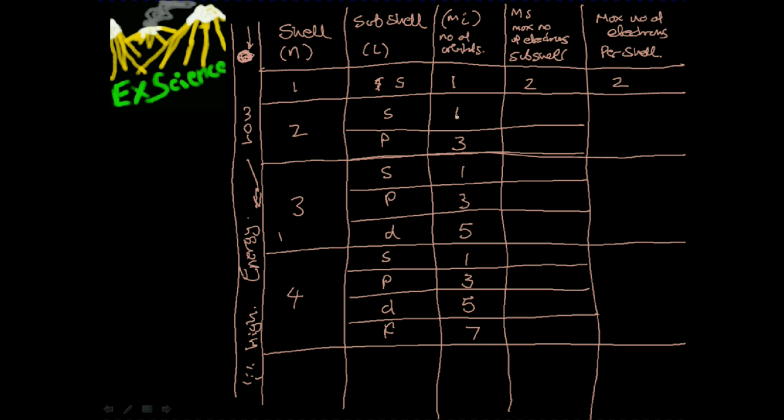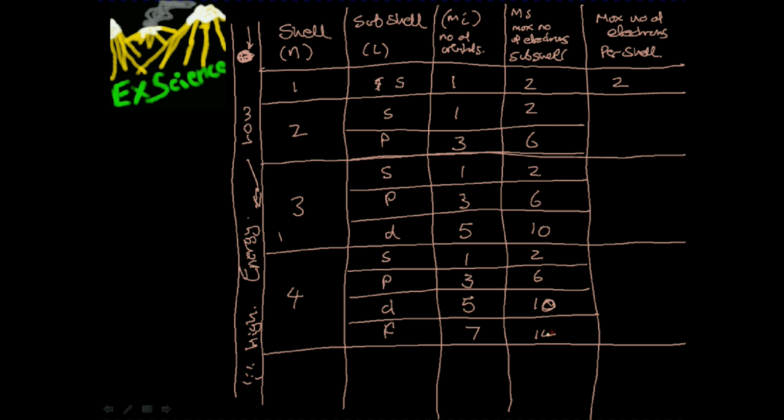So therefore, the maximum number of electrons in each subshell is going to be 2, 6, 10, 14.